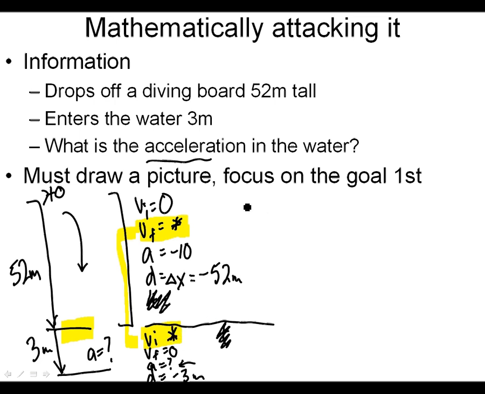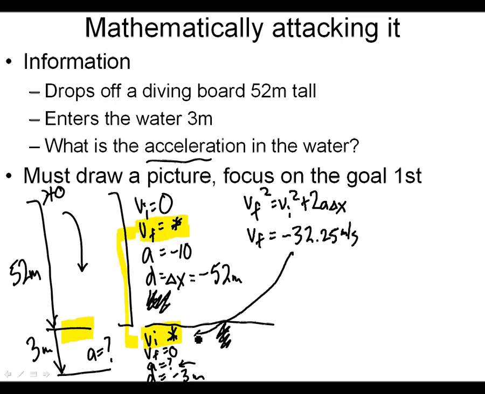So off we go. V final squared equals V initial squared plus 2AD, or delta x. Plug in, you get V final to be -32.25 meters per second. Now again, on all these screencasts, pause and go back if you don't know where we got it. So that is now our initial velocity for our second part of our motion.